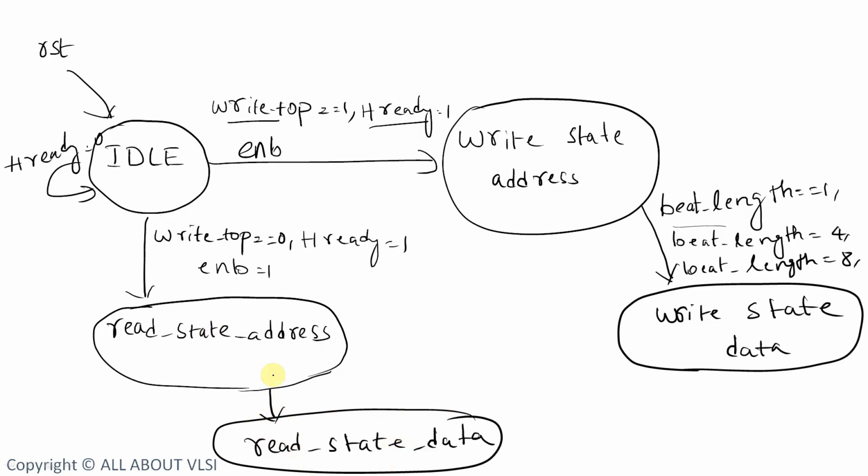Whenever I'm going to sample the data, or write the data, or change the data, then I'm going to check for the HRD signal. For the state transitioning, I'm not checking the HRD signal, and I'm also not checking whether it is a wrapping or incremental burst. Inside the state, when I'm writing the data or sampling the data, I'm going to check whether it is an incremental burst or a wrapping burst.